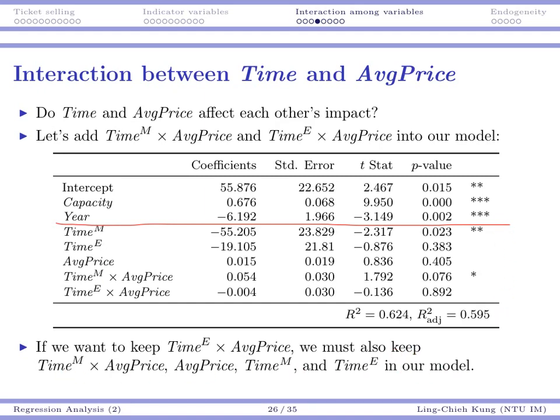Because if you want time M here, you also need time E here. That's something we mentioned in the previous lecture. And also, if you want average price in the interaction term, you need the original variable. For time E, the same thing. So if you want this one, you need all the 5. And that's the typical thing we do. We find out whether there is something significant in the interaction term. If that's true, then we include all we need.